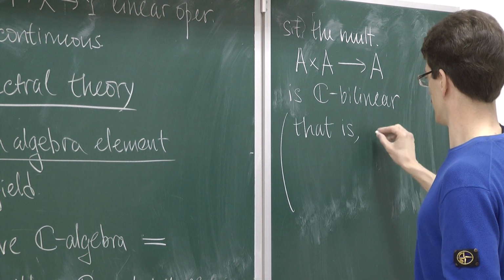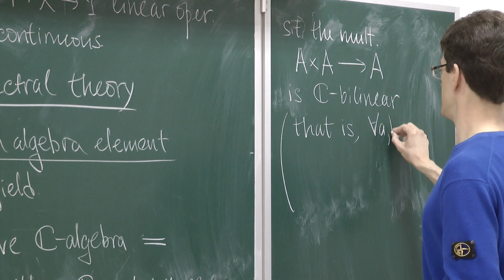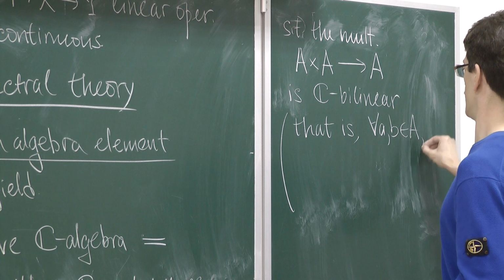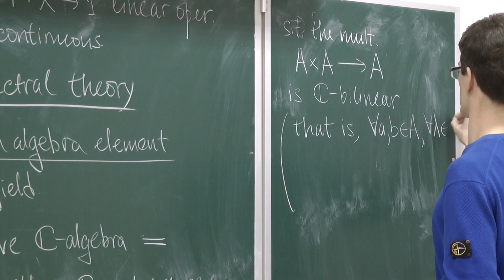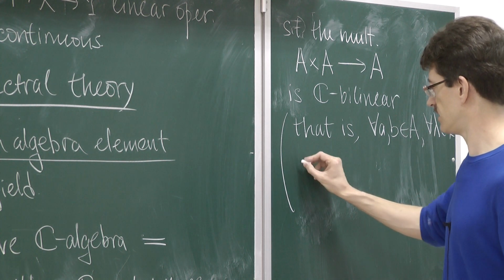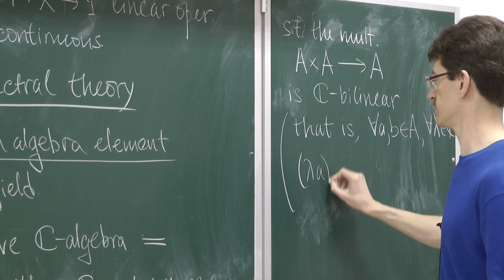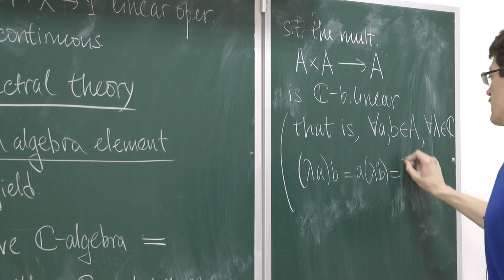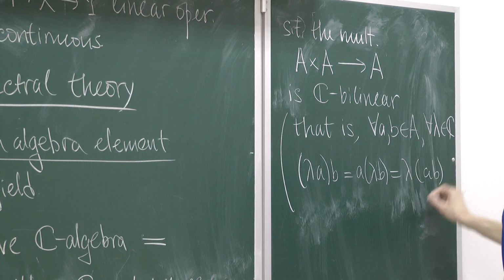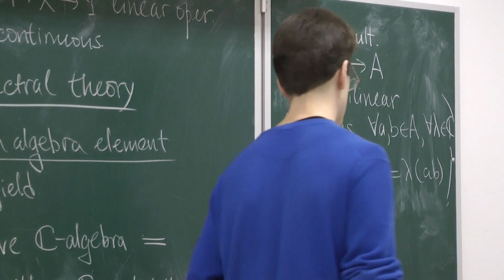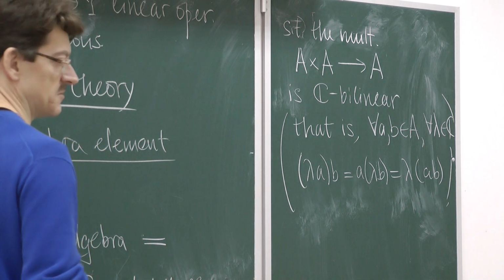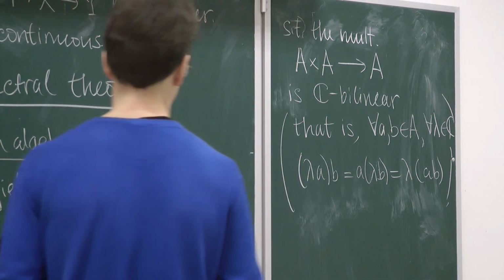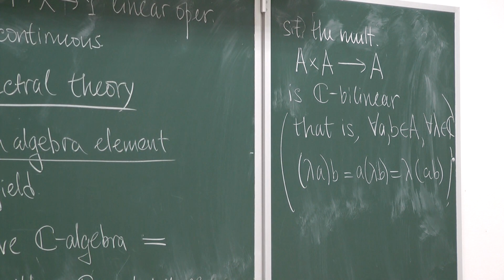If we have two elements A and B in our algebra, and the complex number lambda, then we have the following identity. So this property, together with the distributivity of the multiplication, gives us the bilinearity of this map.